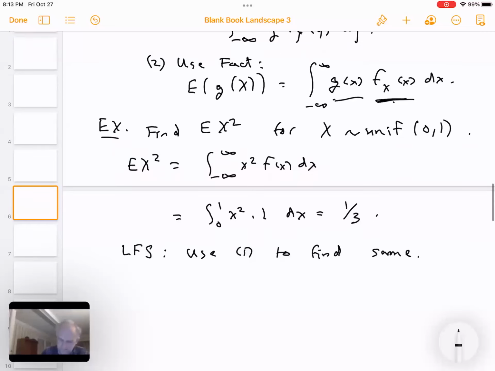Okay, what about the variance? One reason we want this, but not the only reason, is to compute variances.